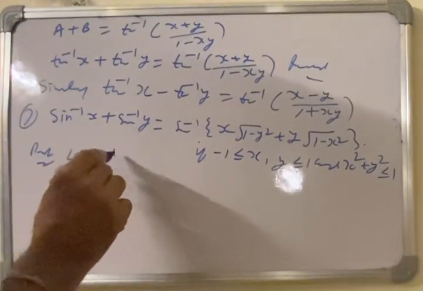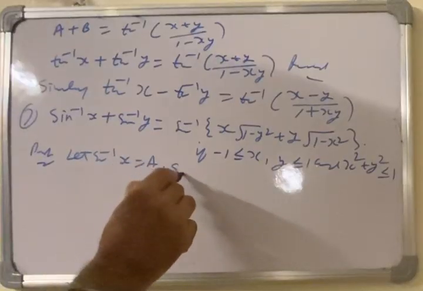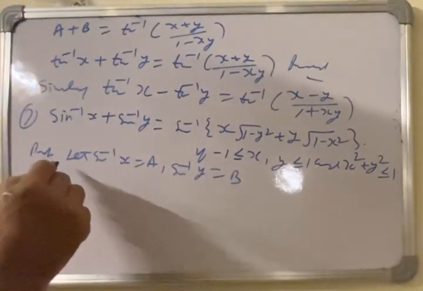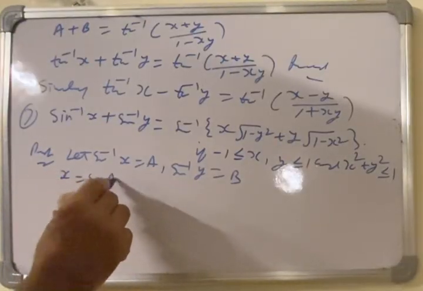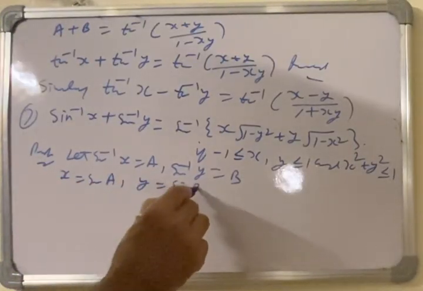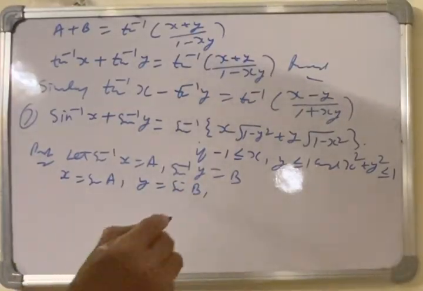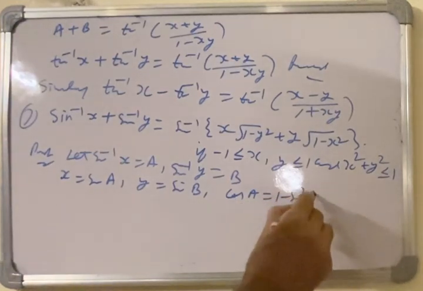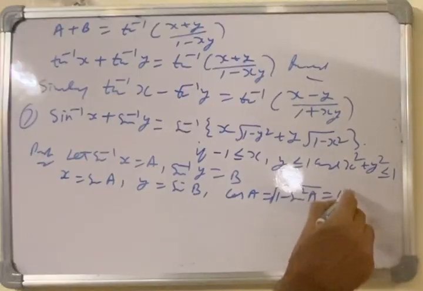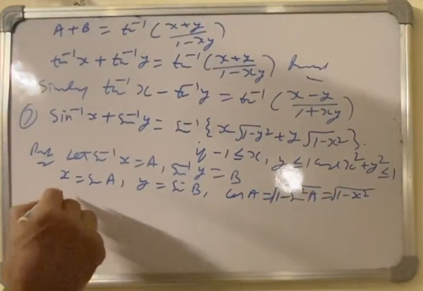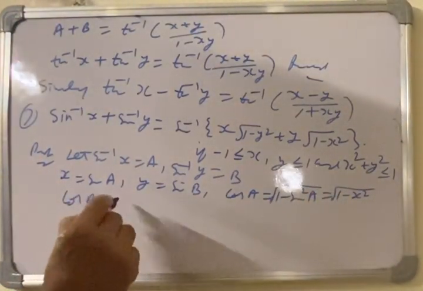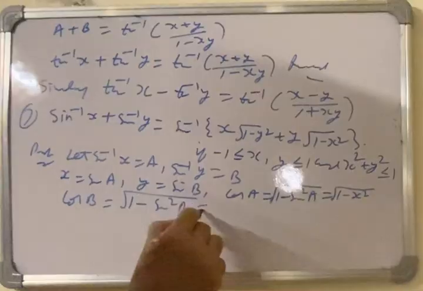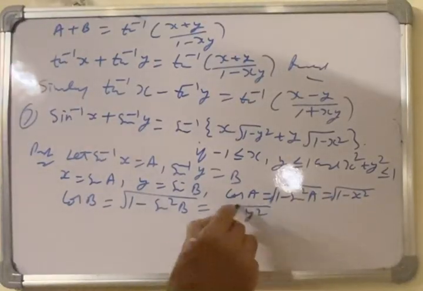Let sine inverse x be A, sine inverse y be B. In the same way we can do it. x is sine A, y is sine B. Cos A is square root of 1 minus sine square A, this is square root of 1 minus x square, cos B is square root of 1 minus sine square B, which is equal to square root of 1 minus y square.